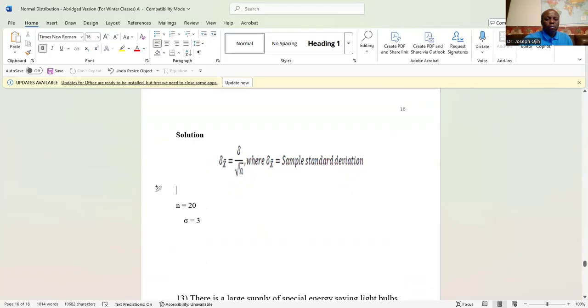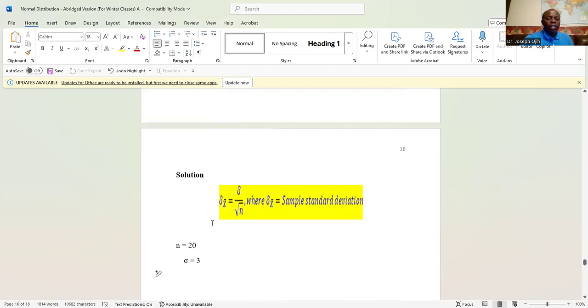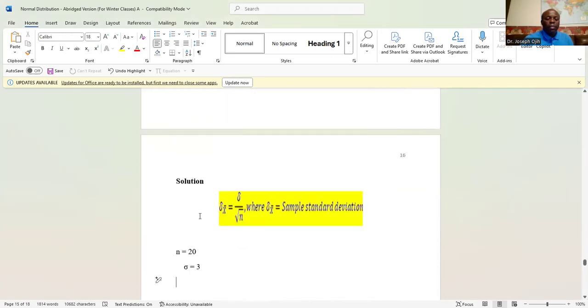So in this case, we have our n as 20 and our standard deviation as 3. It says calculate the standard error of the mean.